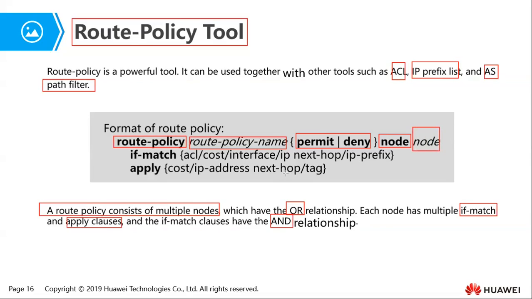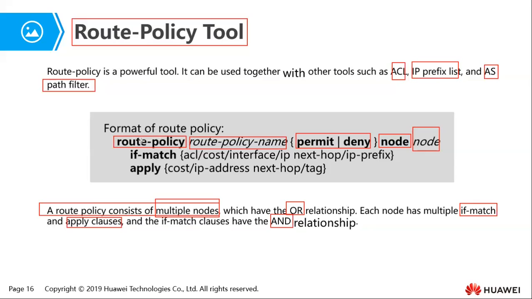So you give it a number to uniquely identify it. So that's what we're saying, that a route policy can contain multiple nodes. So you can have node 1, node 2, node 3, node 4, each of which has an OR relationship. OR meaning any node that matches is applied. So this one or this one or this one, like that.